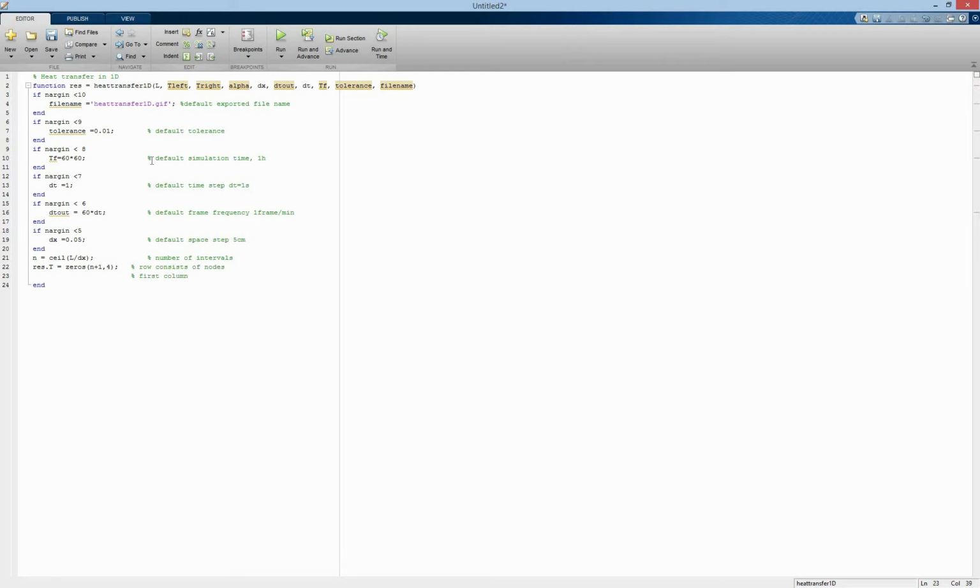The first column is the current temperature. The second column is the calculated temperature in the explicit and implicit simulation. The third column is the coordinate, so we can plot the graph of the temperature versus the space. And the fourth column is the guessed temperature in the implicit iteration.